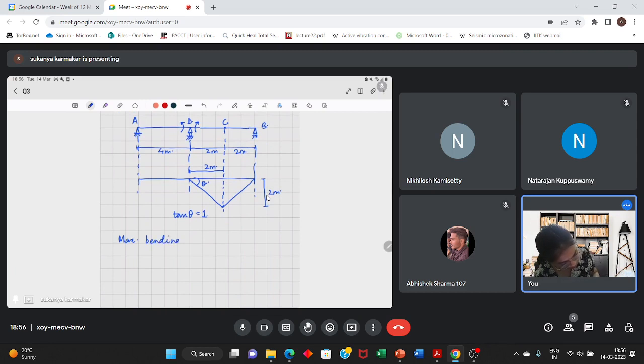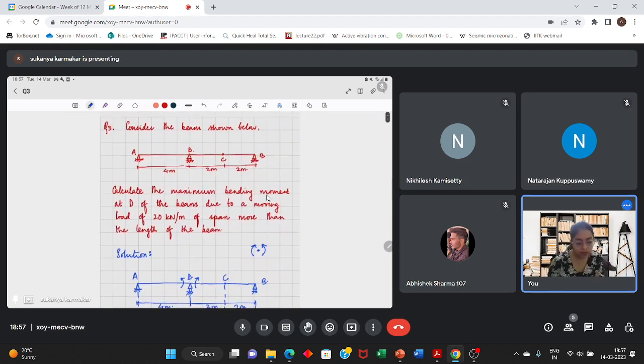Okay. Now the maximum bending moment at D due to the UDL. What is the intensity of the UDL? 20 kilonewton per meter, and the length of the UDL is more than the length of the beam.